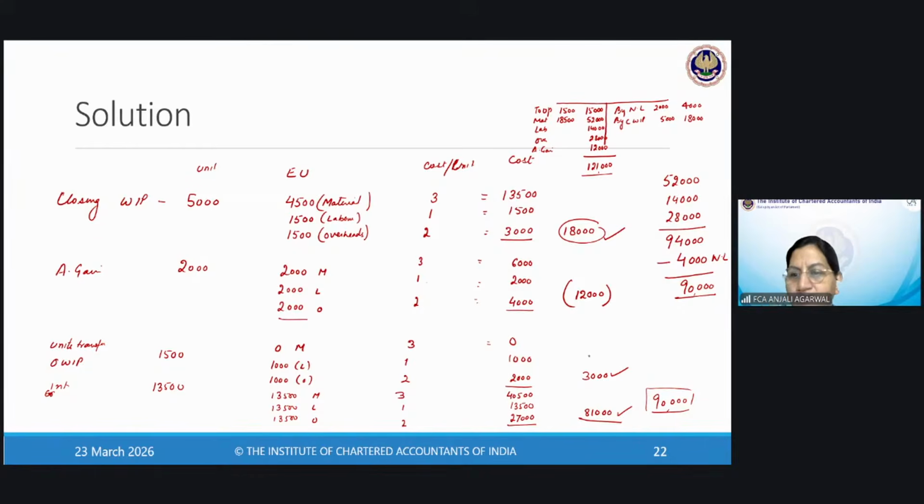And the balance, which has moved to the next process, which is 81 plus 3, 84, plus 15, by finished goods transferred to next process. 84, 81 plus 3, 84 plus 15, 99,000. Check whether your total matches or not. 99 plus 18 plus 4, 1,21,000. This is your process account. Okay.